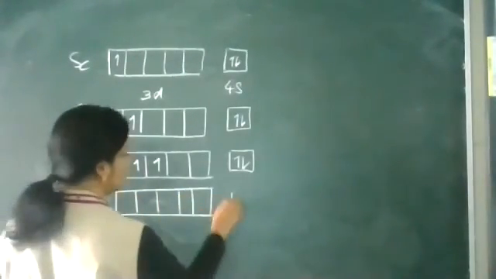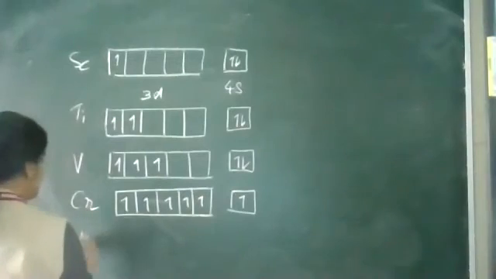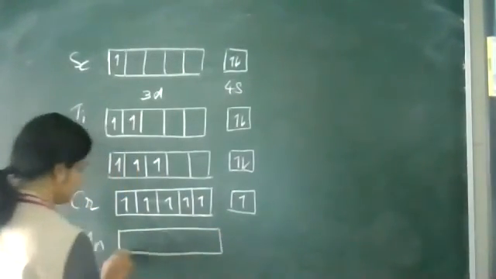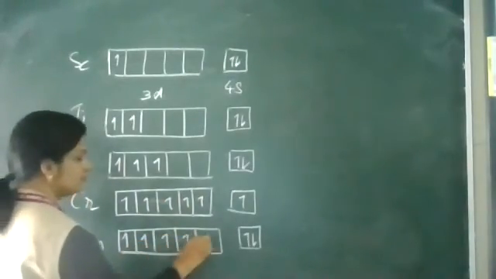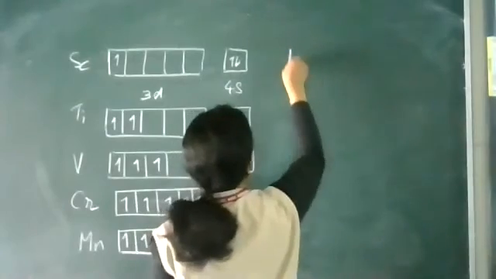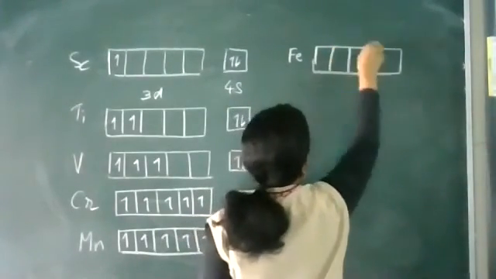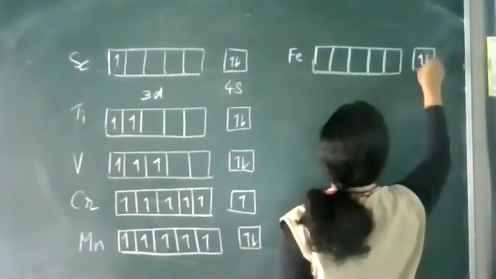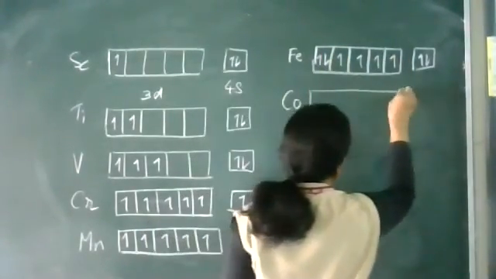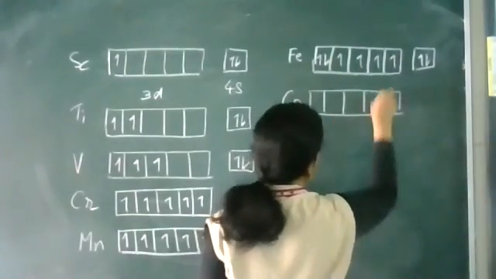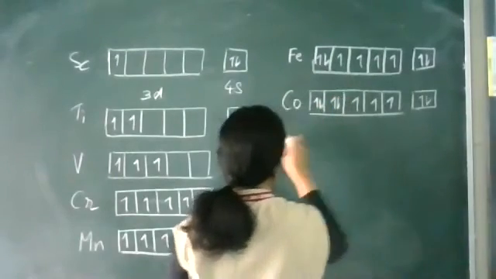Chromium: 4s1, 3d5. Manganese: 4s2, 3d5. Iron: 4s2, 3d6. Cobalt: 4s2, 3d7.